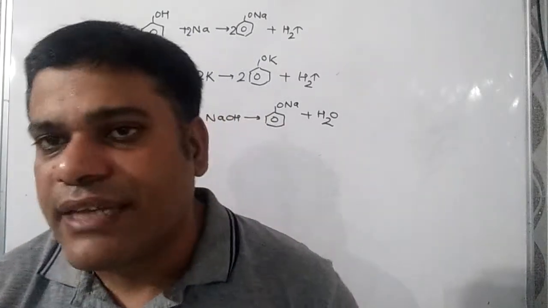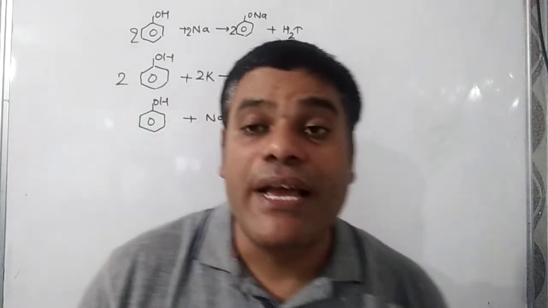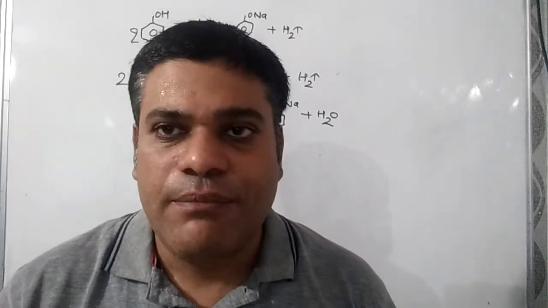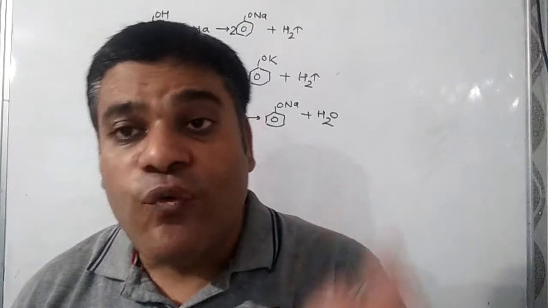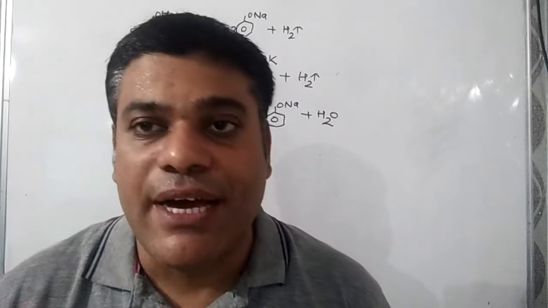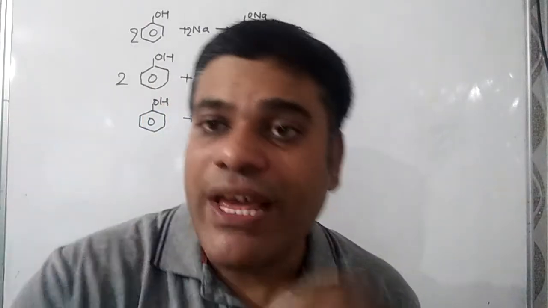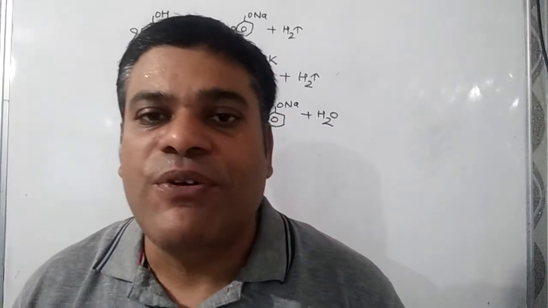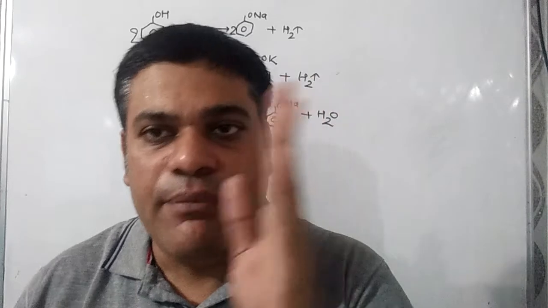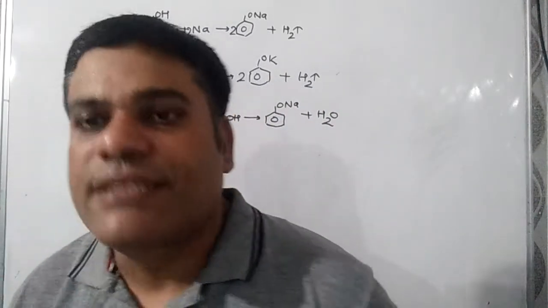But picric acid, meaning 2,4,6-trinitrophenol, can react with sodium bicarbonate to produce effervescence of CO2. Hence, sodium bicarbonate can be used to distinguish between phenol and carboxylic acid. Later on we will discuss.